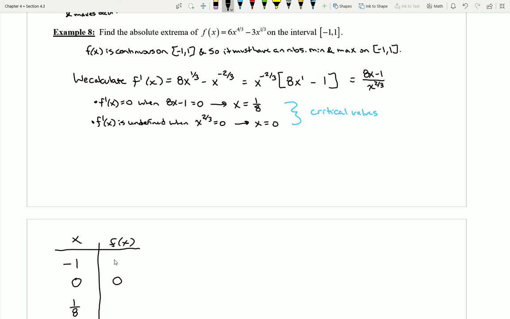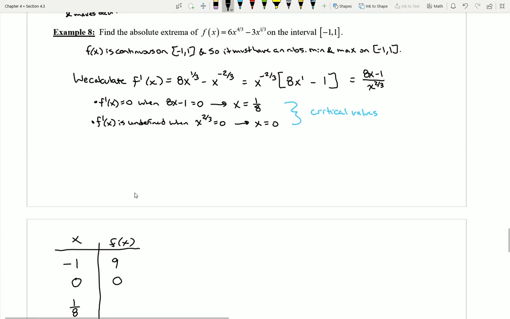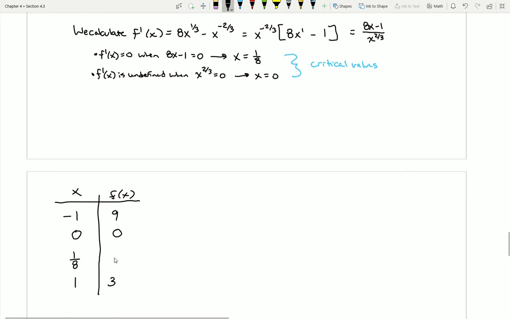So that's going to get me something like the value of 9. You could double check me on this. I'm trying to compute quickly in my head. If I plug in the value of 1, I'm just going to get 6 minus 3, so that's going to be 3. And 1/8, that's going to be a little messy. But if you double check this on a calculator, I think you can get to a value of -9/8.